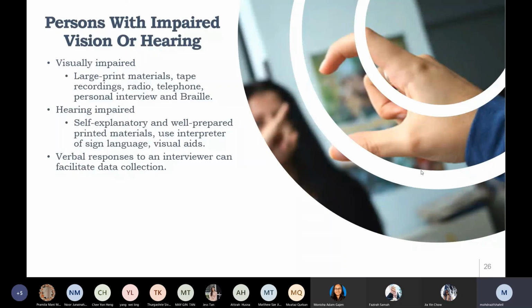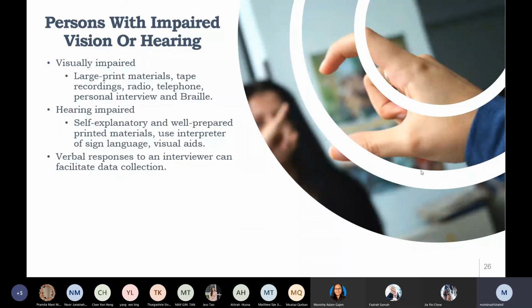For those who are hearing impaired, self-explanatory and well-prepared printed materials, or an interpreter of sign language, and visual aids might help this group of respondents.